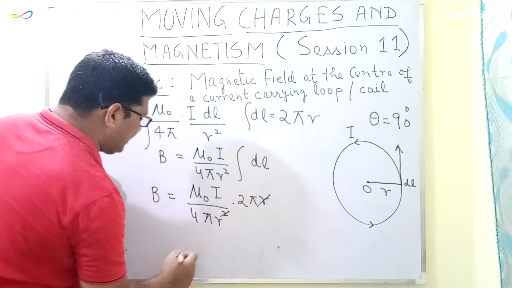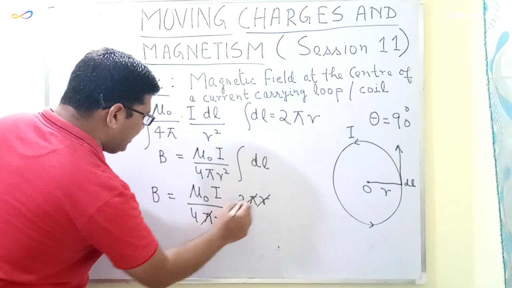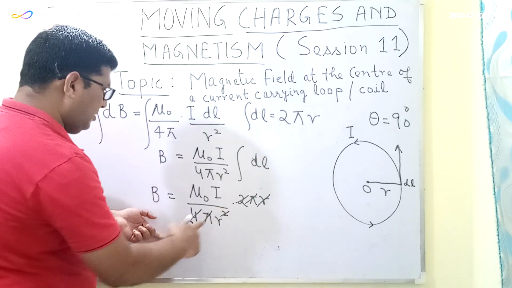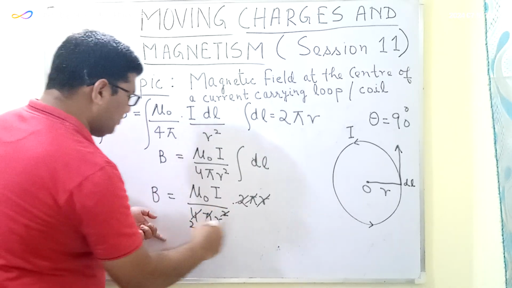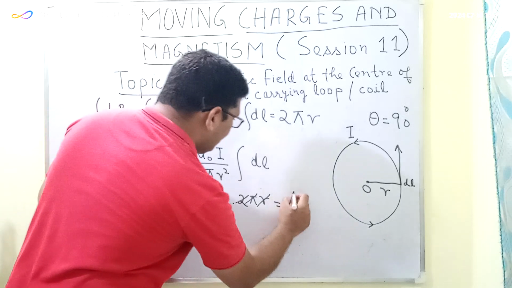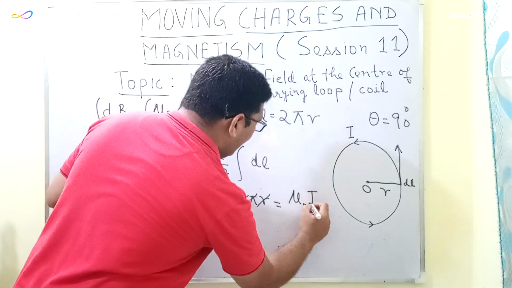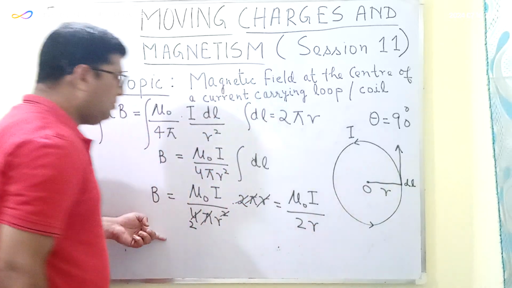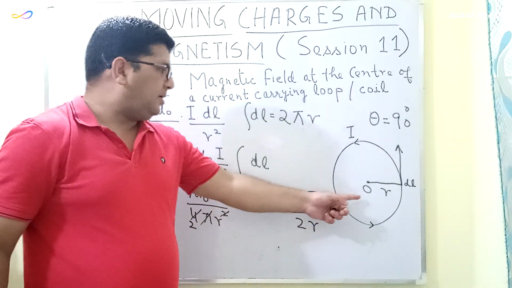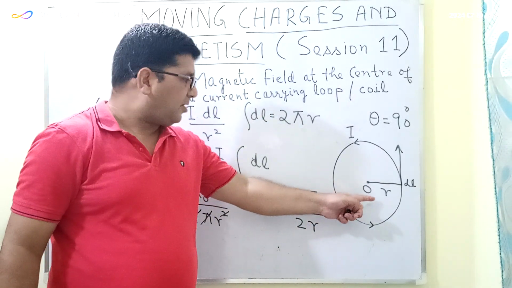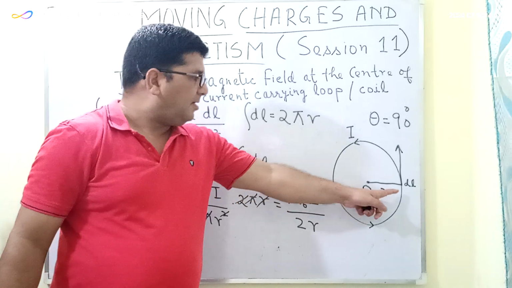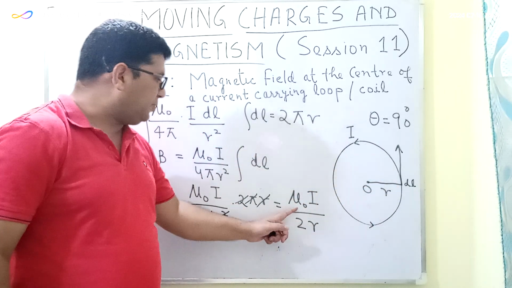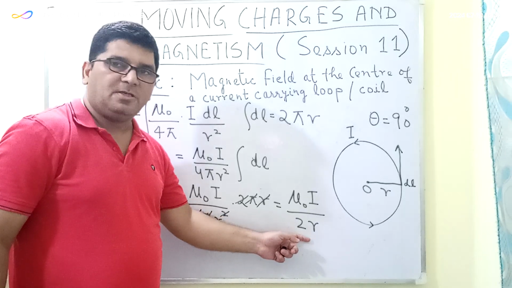This R and R will get cancelled out, this pi and pi will get cancelled out, and 2 into 2 is equal to 4, so this is equal to mu naught I divided by 2R. So the magnetic field at the center of a current carrying loop is equal to mu naught I upon 2R.